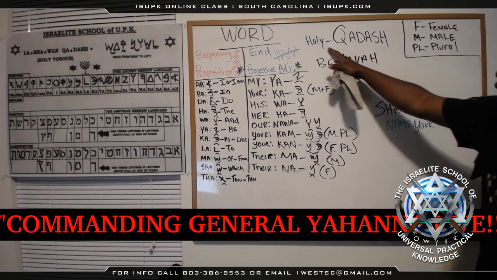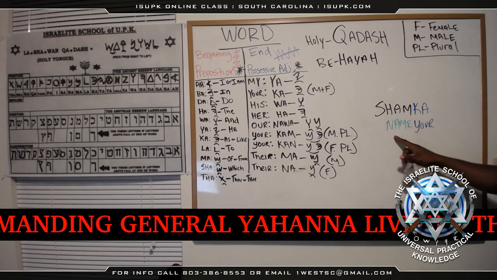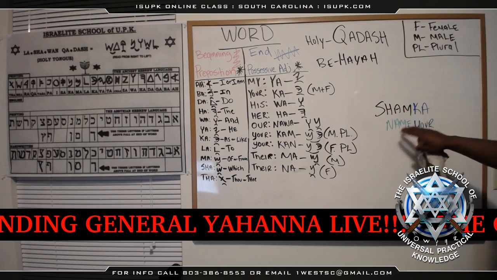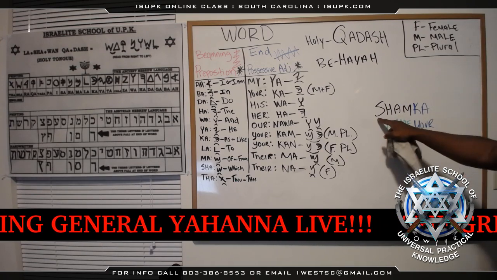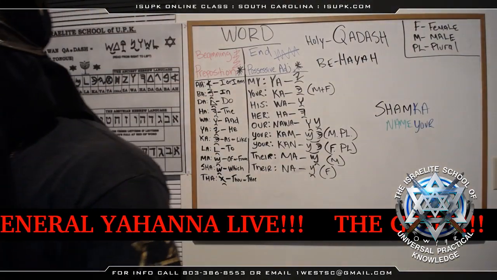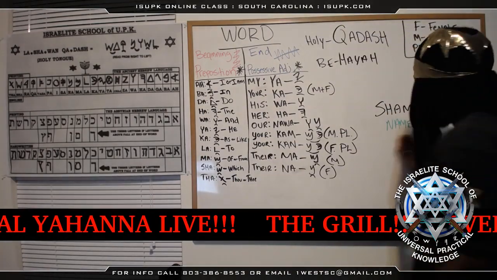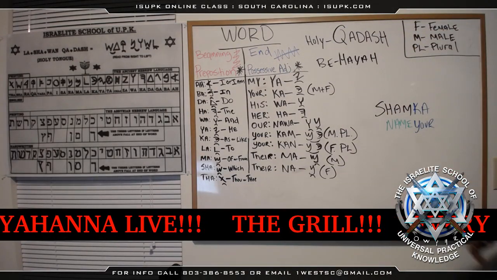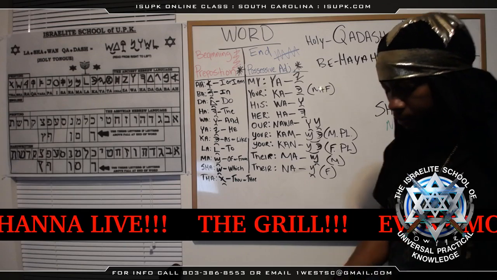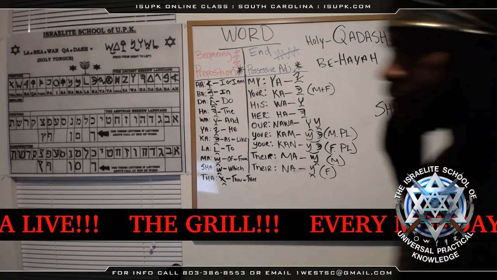Kodash is holy, Hayah is be, and Shamka is a combination of your and name. Sham means name. That's how you say name in Hebrew. Ka at the end is your. Shamka. So holy be thy name.